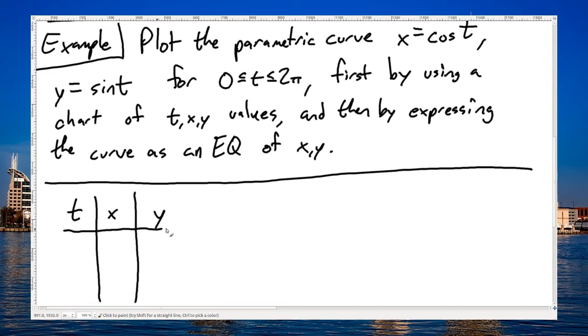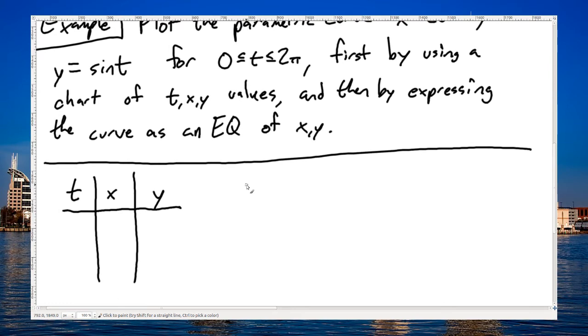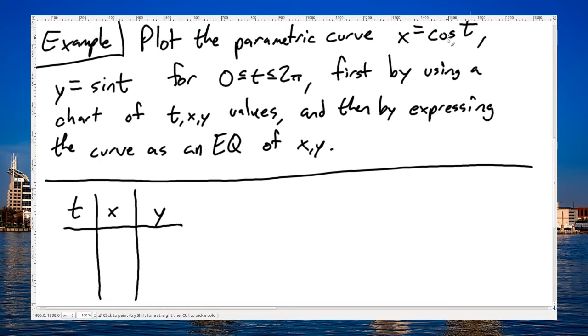And we can pick whatever we want for t, except that it needs to be between 0 and 2 pi, and we should pick things that I know how to plug into cosine and sine. So I'll do the usual suspects: t is 0, pi over 4, pi over 2, and since I'm going to go off screen, we're going to have x is cosine of t, y is sine of t.